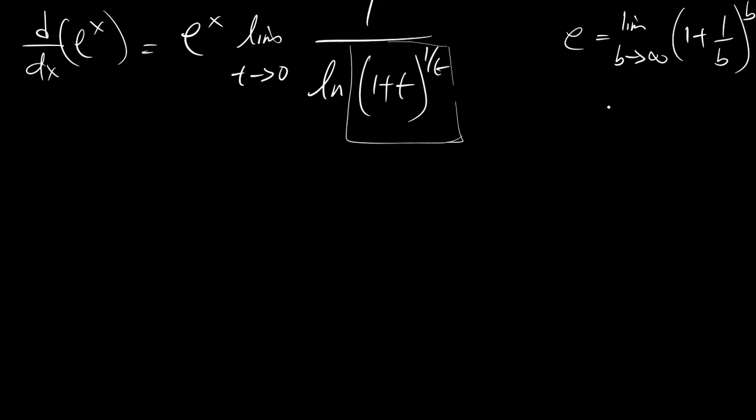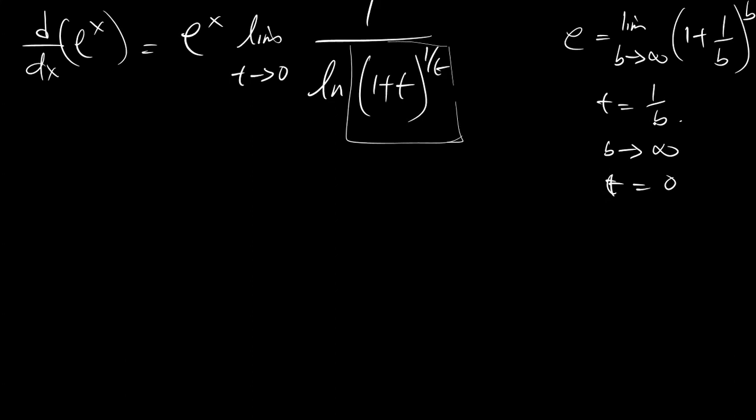Let's write it in this form. Let t be equal to 1 all over b. So when b tends to infinity, t tends to 0.